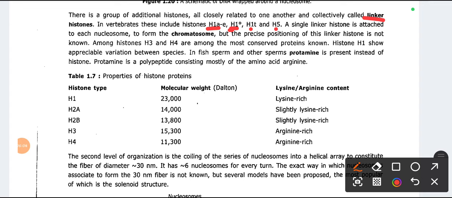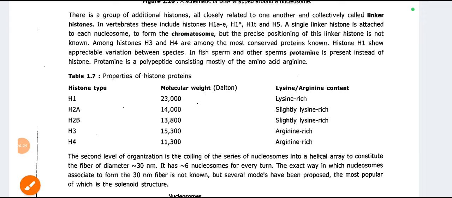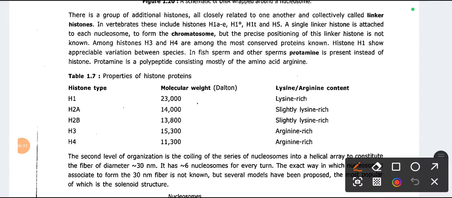A single linker histone is attached to each nucleosome to form a chromatosome, so linker histone plus nucleosome is chromatosome. But the positioning of this linker histone is not known. Among histones, H3 and H4 are the most conserved proteins known, which is very important.